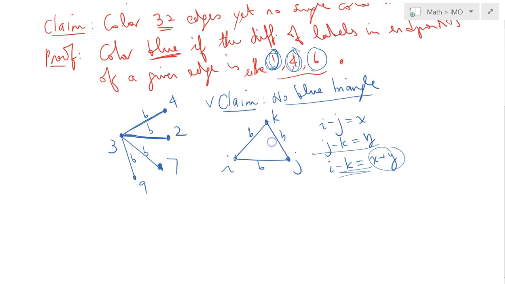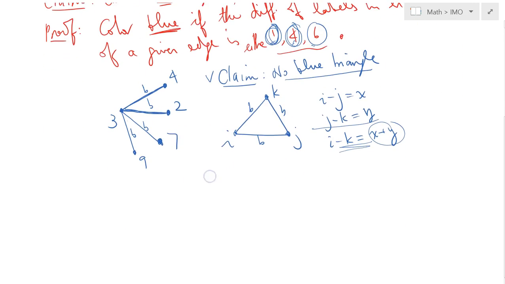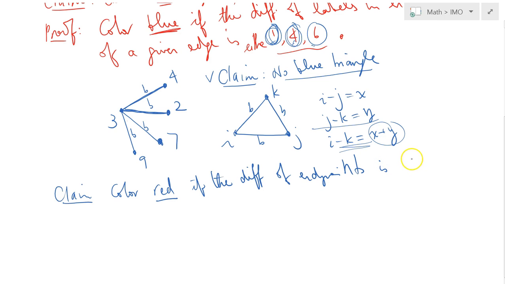6. Now we can extend this claim further: we can also claim that the same thing will hold if we color red when the difference of endpoints is 2, 3, 7, or 8.